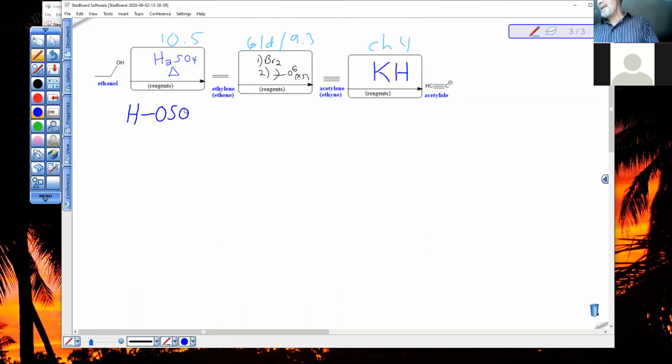Usually on tests, I try to make sure that bond's already visible. And we need a lone pair on our oxygen, and it attacks the strong acid's proton, and we generate an oxonium ion thusly.